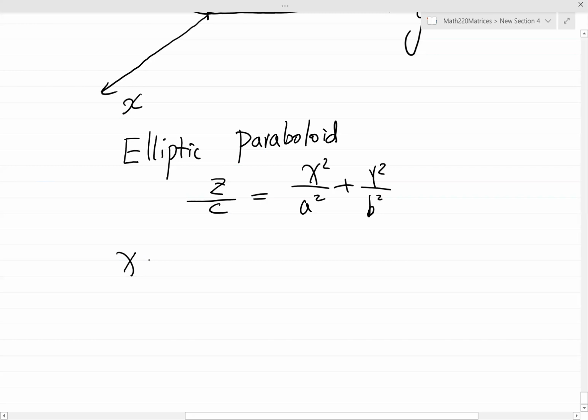So for instance, take x equals 0, so we get z over c equals y squared over b squared, which is a parabola.